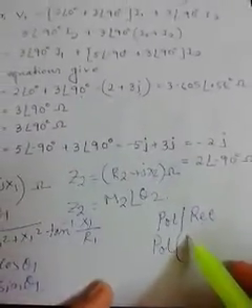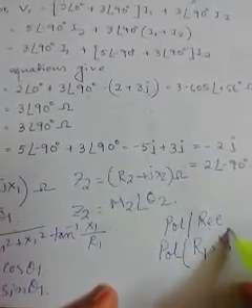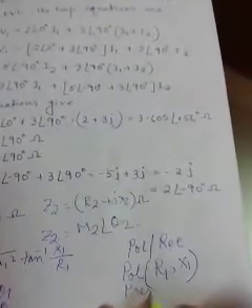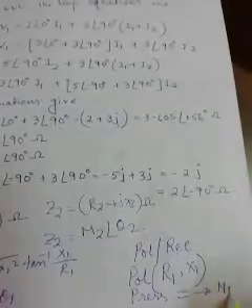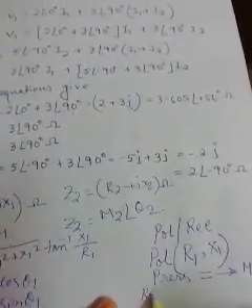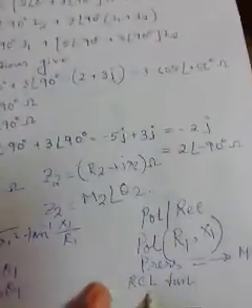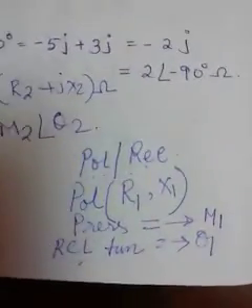So we provide r1 comma x1, close the bracket, and press equal, which gives the value of m1. Then we press RCL 10, and that will give us the value of theta 1. So this is the method of conversion.